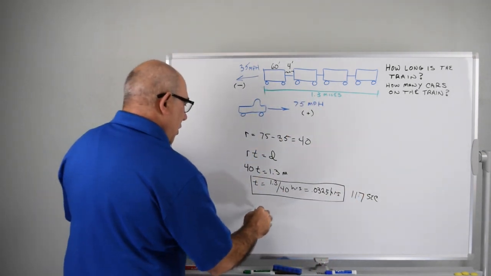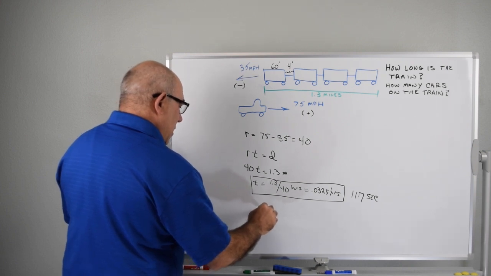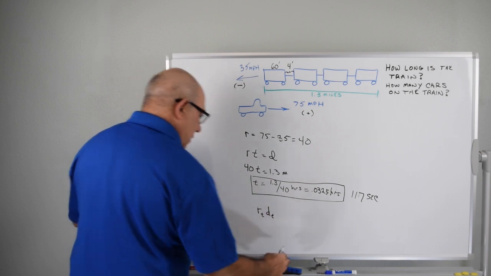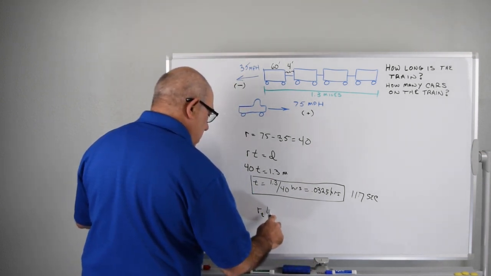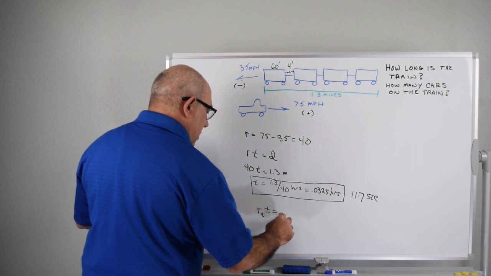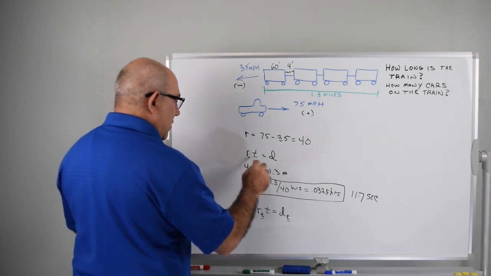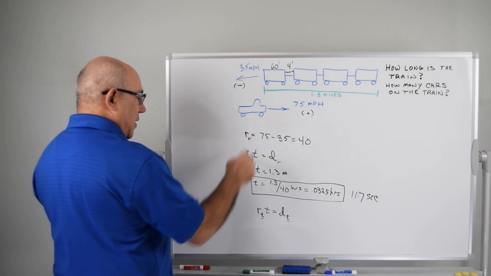So the actual length of the train is going to be RT, rate times time, equals the distance of the train. These earlier ones were relative.